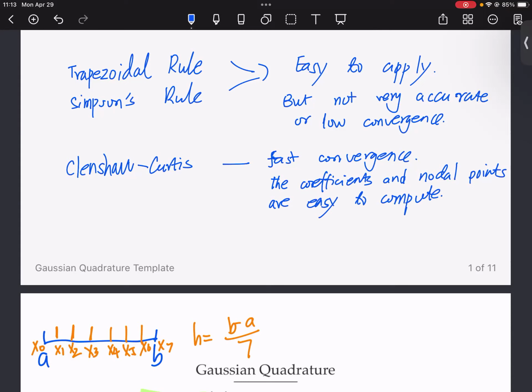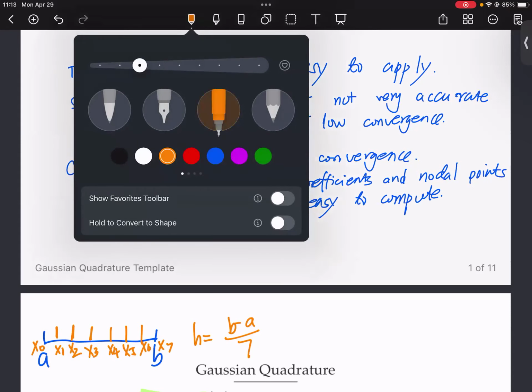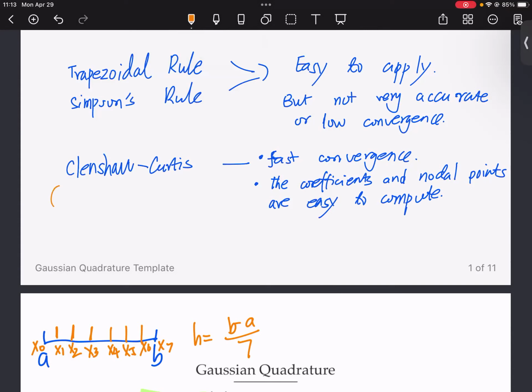So these are the two benefits of it. And one thing I want to point out is that we use an interpolation here for the Clenshaw-Curtis, and what is it? Chebyshev interpolation. This is the interpolation we use in the Clenshaw-Curtis.